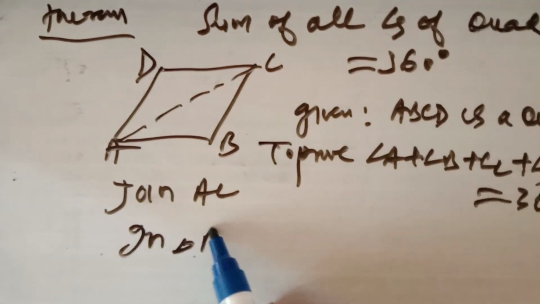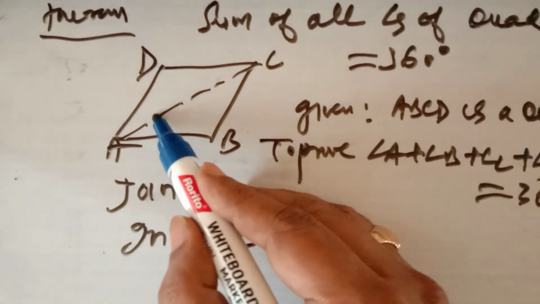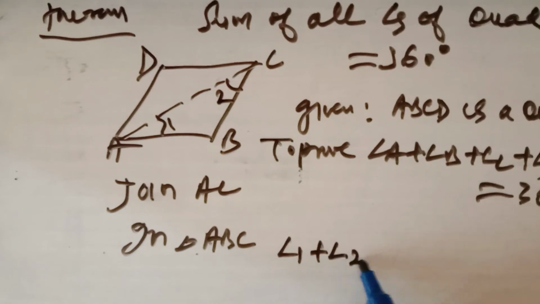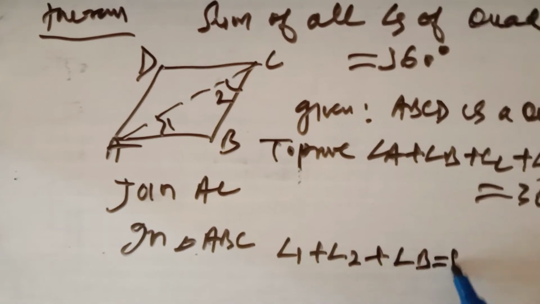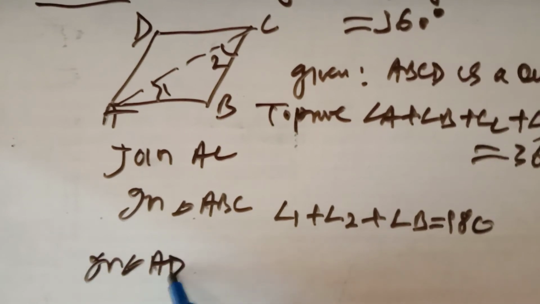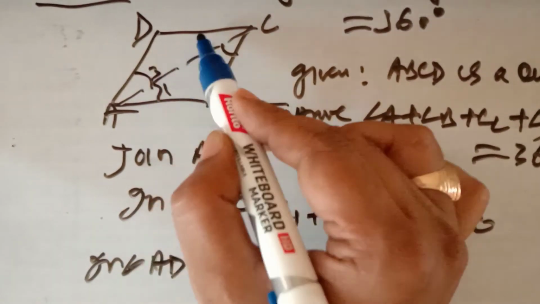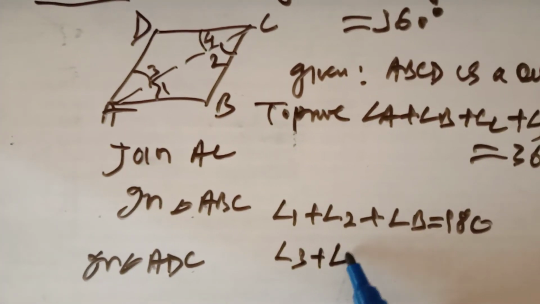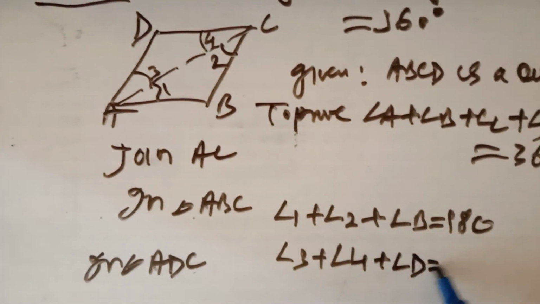So in triangle ABC, angle 1 plus angle 2 plus angle B is equal to 180 degrees. In triangle ADC, let us call them 3 and 4, angle 3 plus angle 4 plus angle D is equal to 180 degrees.